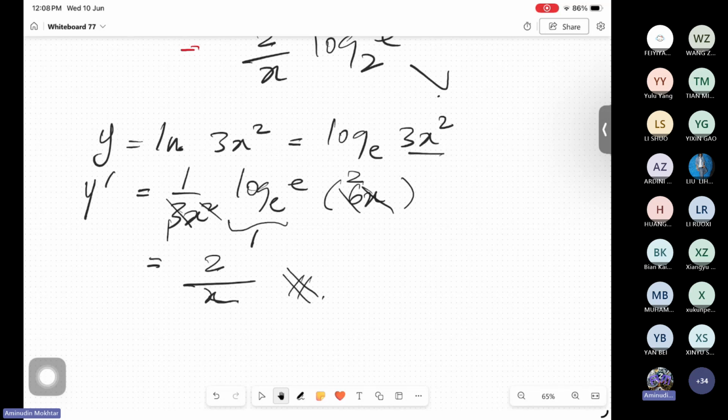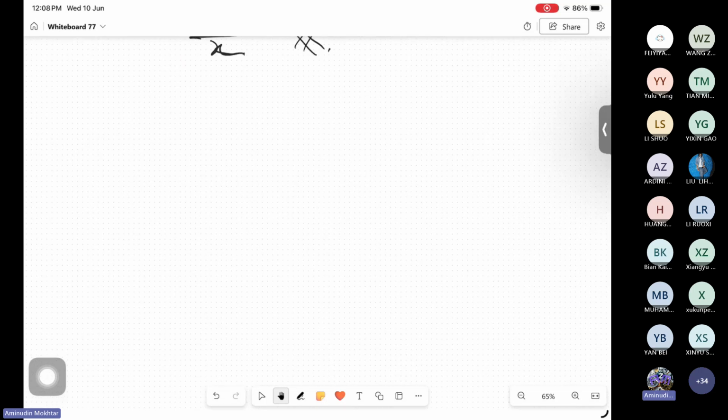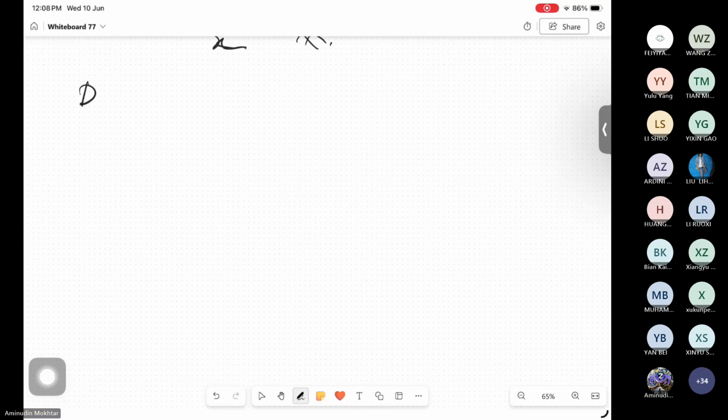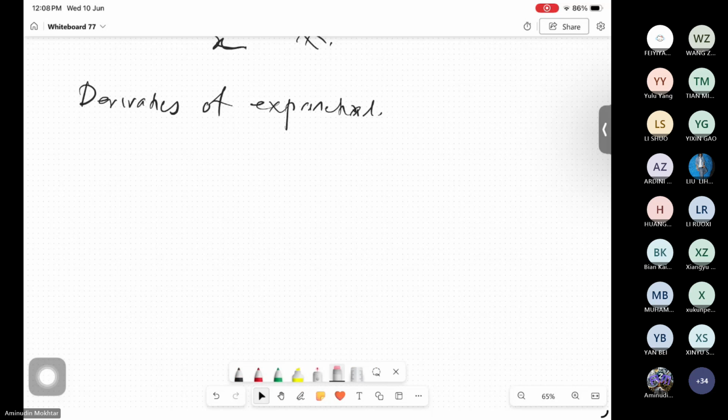Okay, the next one is about the derivative of the exponential function. Exponential, T-I-A-L. Be careful with the spelling.